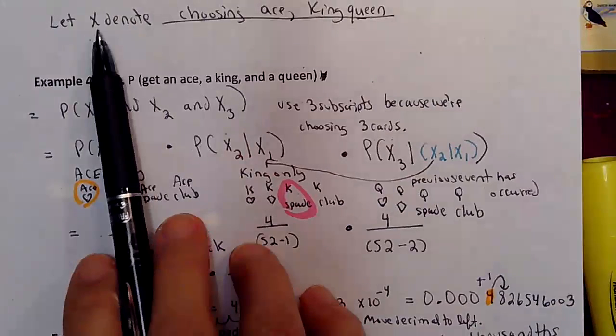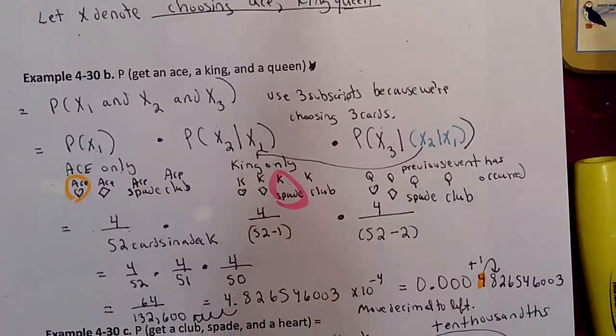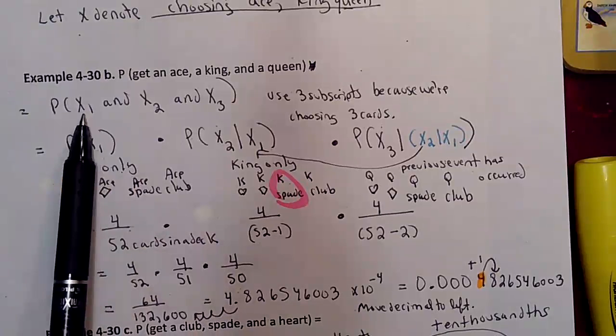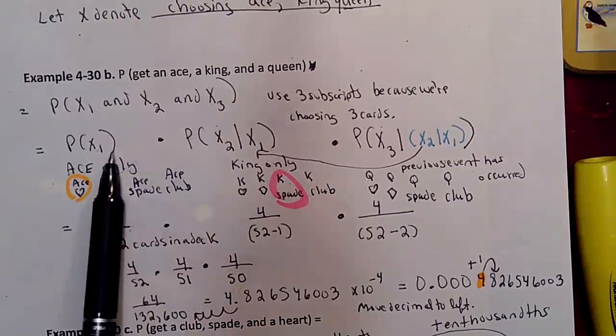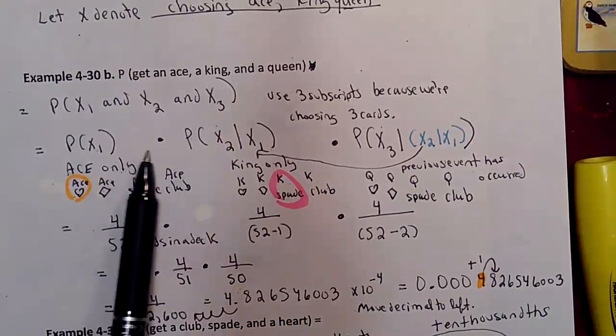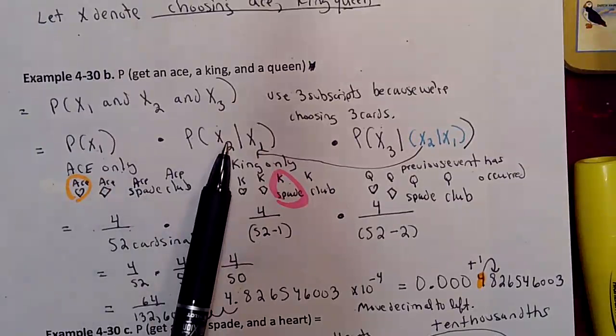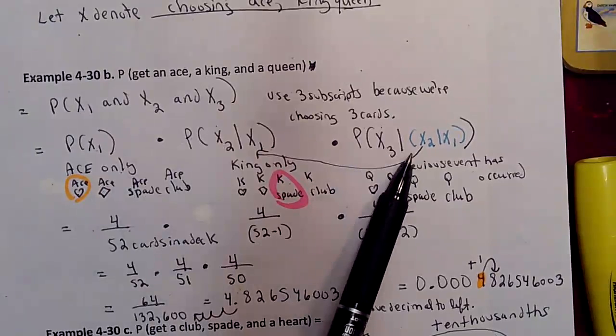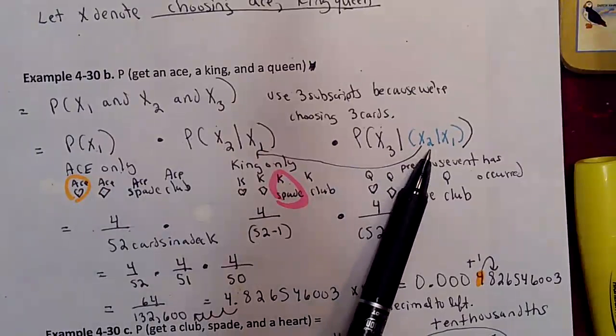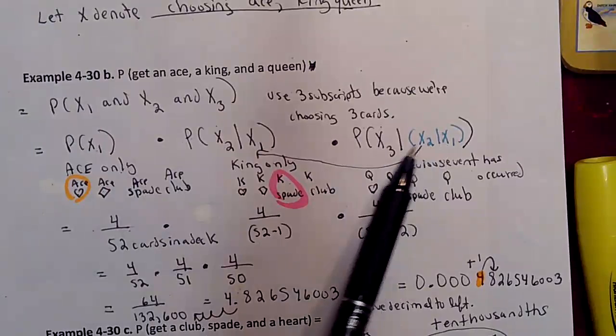Let X denote getting three clubs, and then you could change this to C1, C2, and C3, and recopy this: C1, C2 given C1 occurred, the third C3 given that the previous has occurred. So you could just change these to C's.